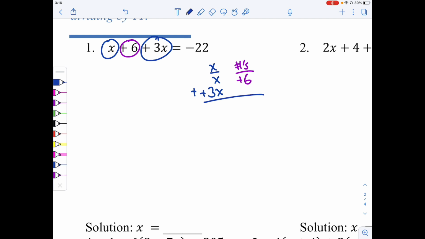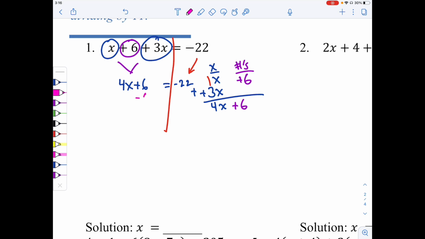Remember this is 1x, so we have 4x, and then positive 6. So this became 4x plus 6, and these are equal, so we bring down negative 22.